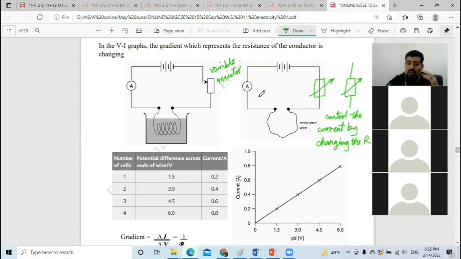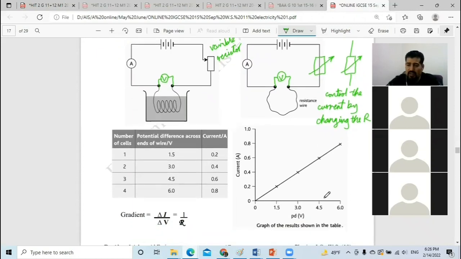Will be less. So if I want to do this experiment, in the right way or the left way, it doesn't matter, and find the resistance of a device, of the variable resistor or of a wire, what do I need? I need two instruments. I need to measure the current and the potential difference across it.